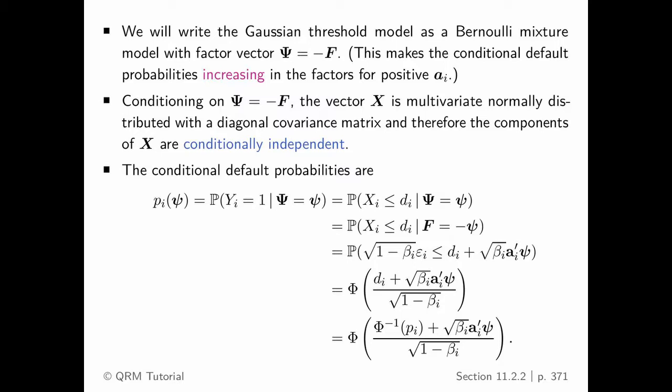And so using this, I could, for example, apply my fast Fourier transform methodology to compute loss distributions, or I could do importance sampling. I'd also need that expression for the characteristic function to do the importance sampling, or the Laplace transform. So this is a useful insight.